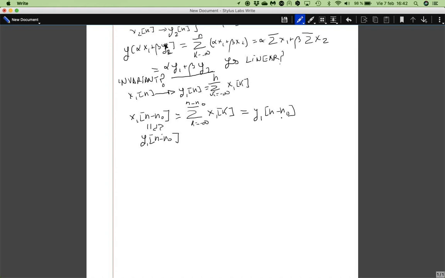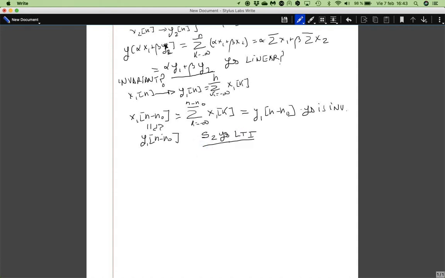So basically that's the demonstration. Yes, it is invariant. So again, as S2 is made out of two S1 in series, and S1 is linear and time invariant, then the solution is that S2, yes, is an LTI system.